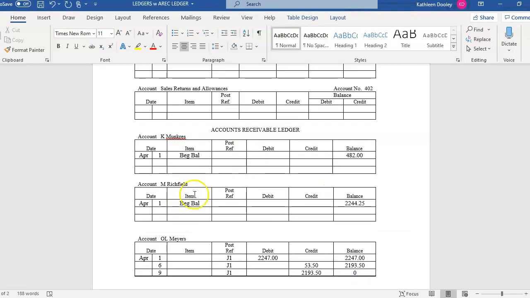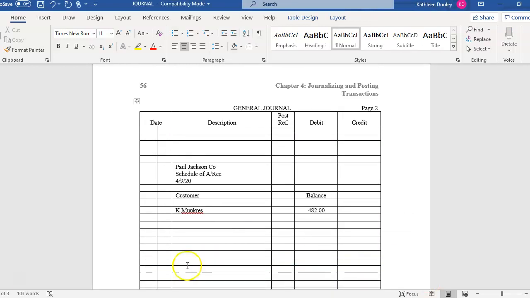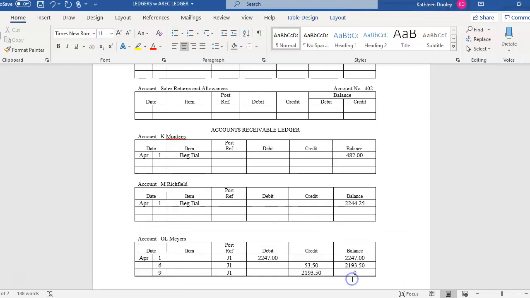Okay. Next one is M Richfield. They still owe us $2244.25. Okay, so M Richfield, $2244.25. Okay, next one is O.L. Myers.